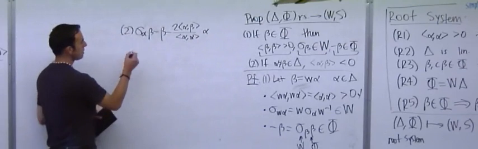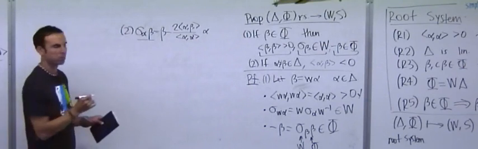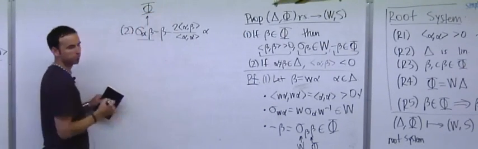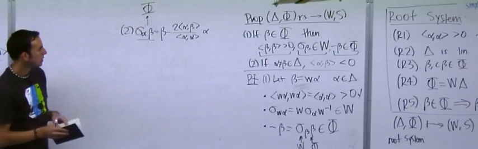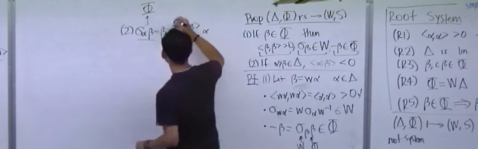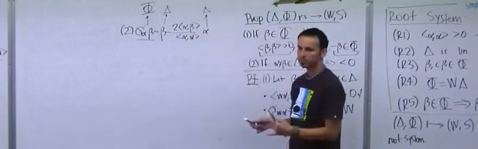Now, this is a group element acting on a simple root. So that means that this is one of the roots. So I have one of my roots, which is written as a linear combination of beta, which is a simple root, and alpha, which is a simple root.